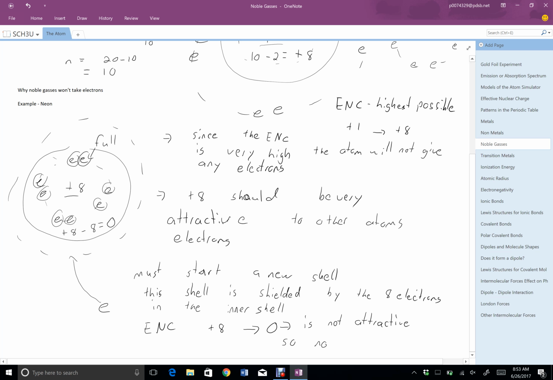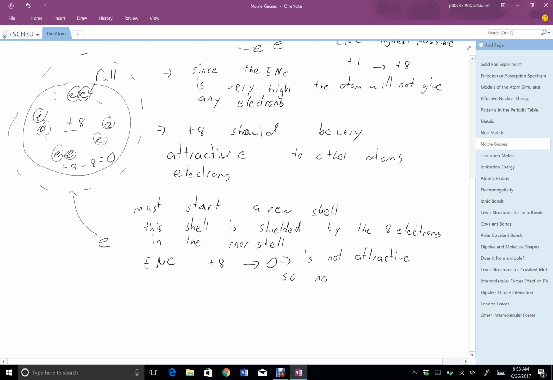So what that means is no more electrons can be attracted in.